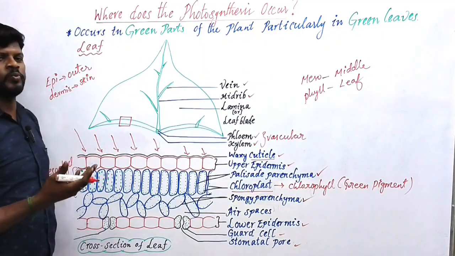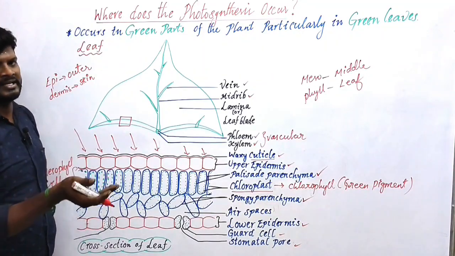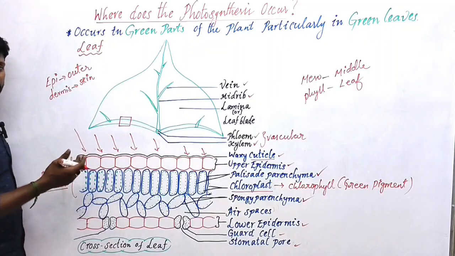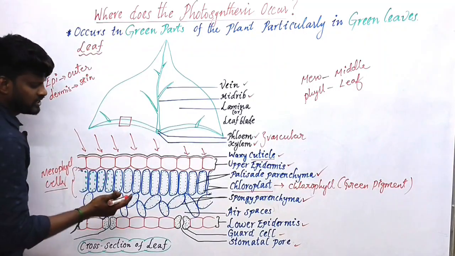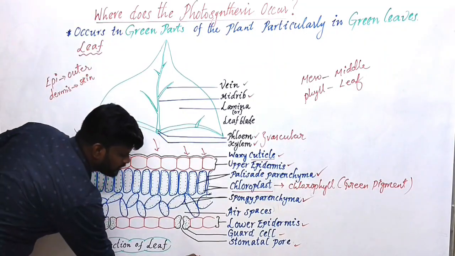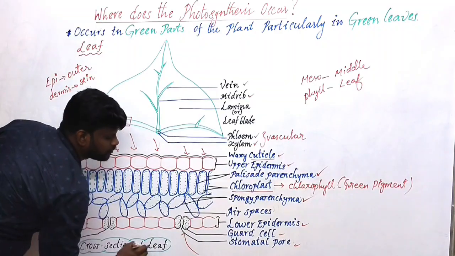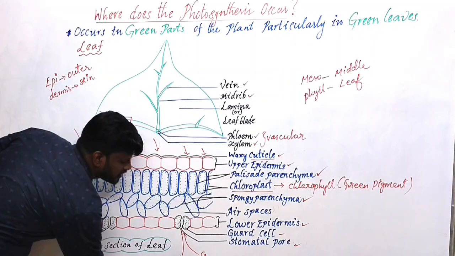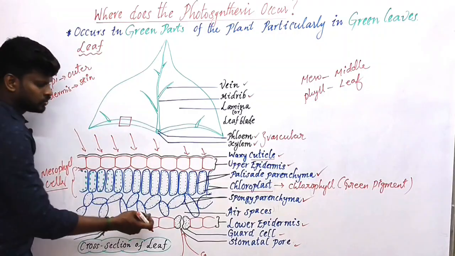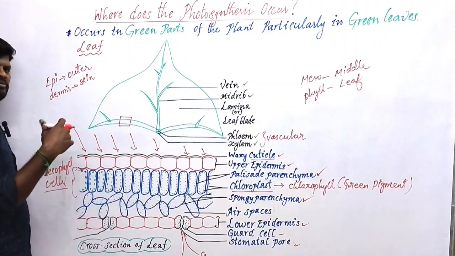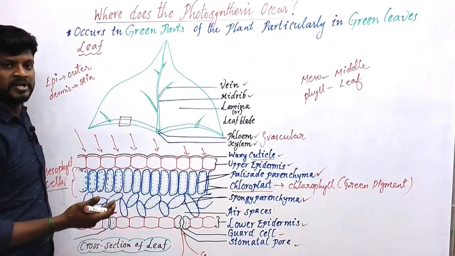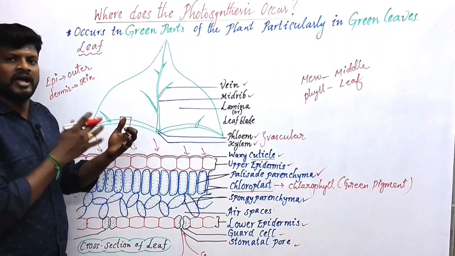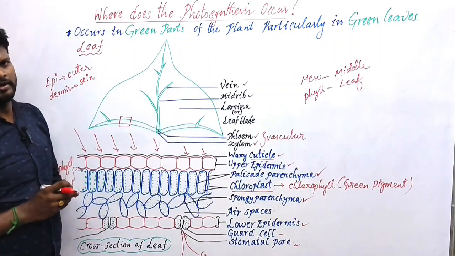The stomata plays a vital role in the exchange of gases. Say for example, during photosynthesis, the plants take carbon dioxide from the atmosphere and release oxygen. CO2 is taken in and oxygen is released through the stomata. Similarly, during respiration, they take oxygen and release carbon dioxide.